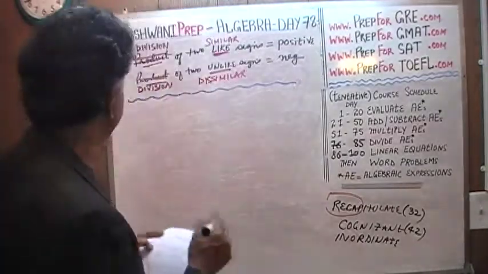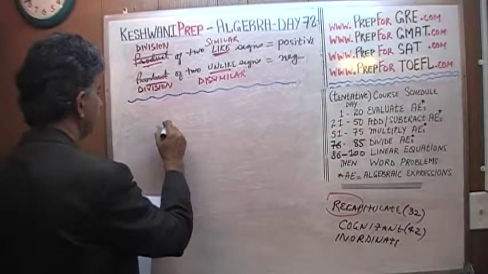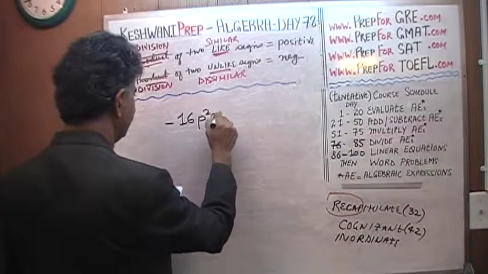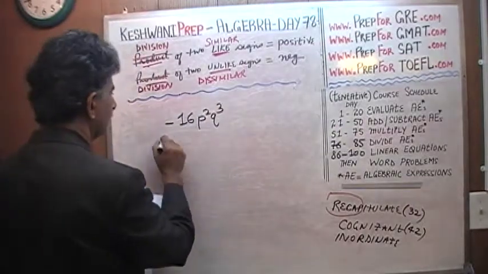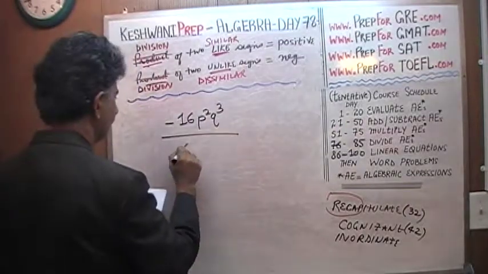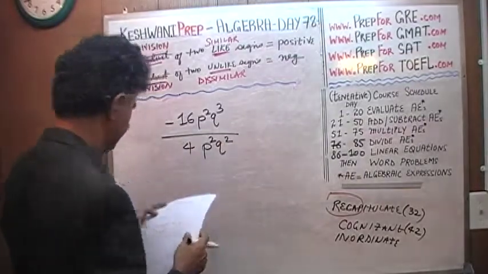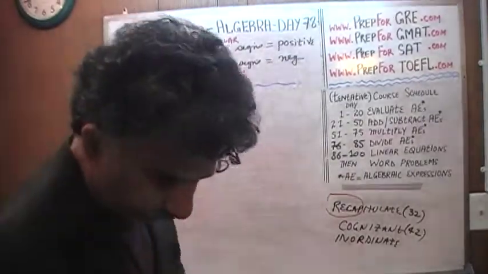Here's the first problem. Negative 16p squared q divided by 4p squared q squared. What is that going to give us? Well, let's take a look.